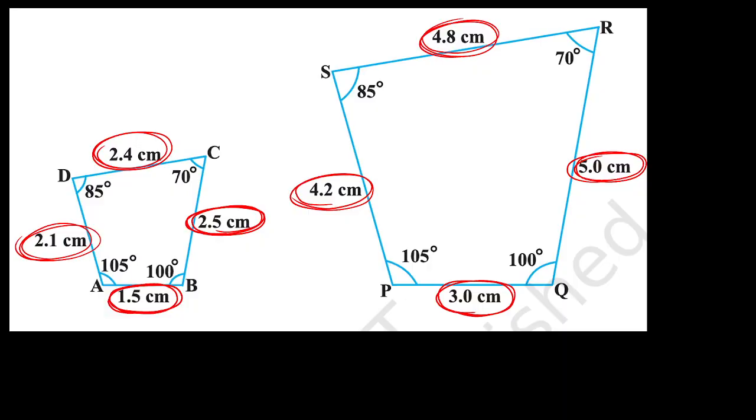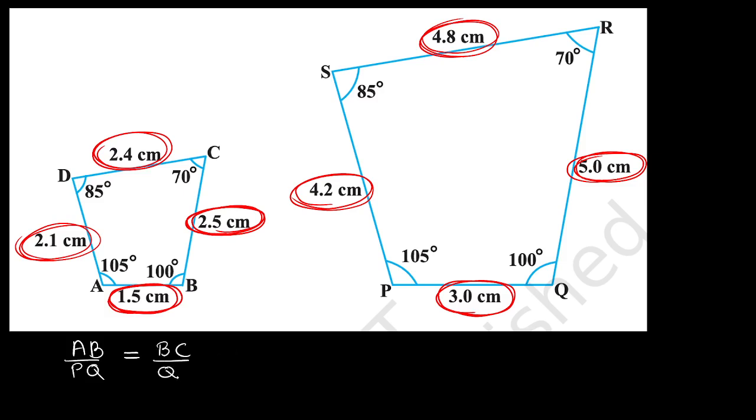So why are these two quadrilaterals similar? Because the first condition is okay, corresponding angles are equal. The second condition says that the sides are proportional, meaning AB by PQ. I will write here the ratio AB by PQ; the ratio of the corresponding sides is the same for the other sides also.